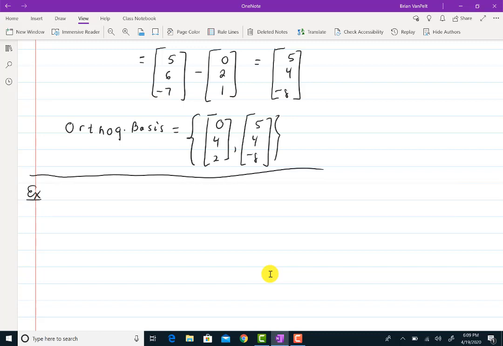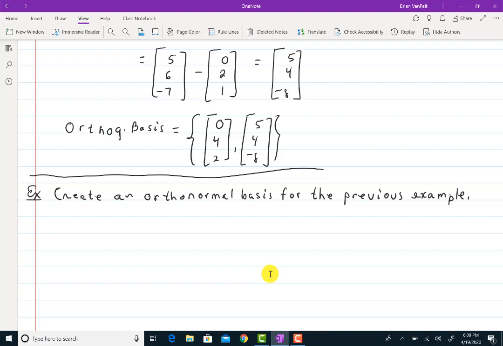For our next example, create an orthonormal basis for the previous example. And all we have to do there, it's already orthogonal.